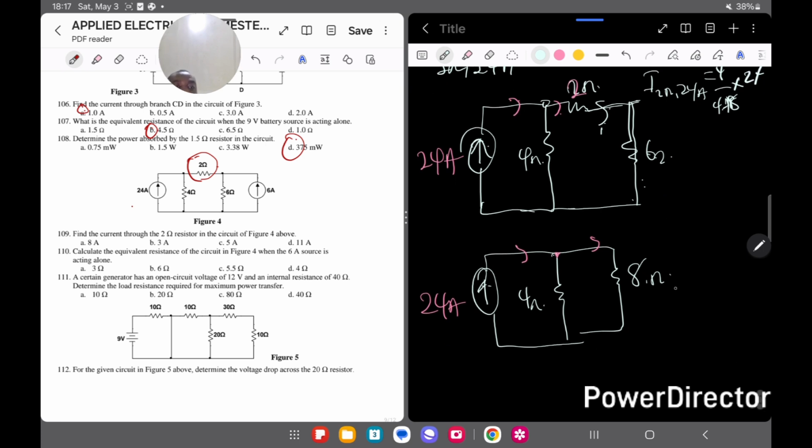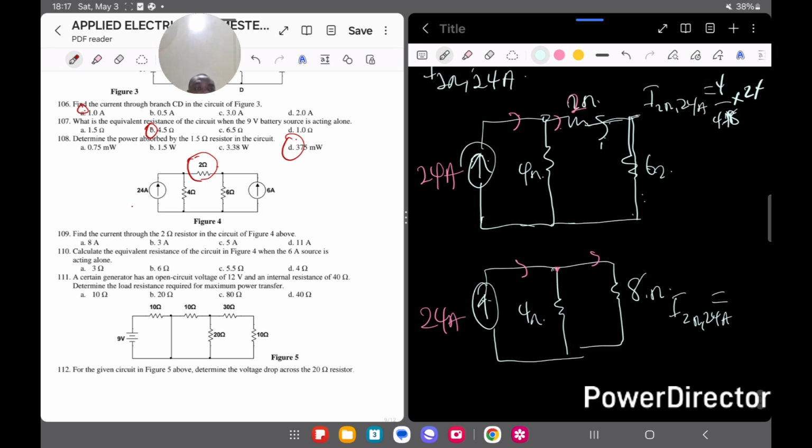So with this we get the current passing through the 2 ohms resistor due to the 24 amps current to be equal to 4 divided by 4 plus 8.